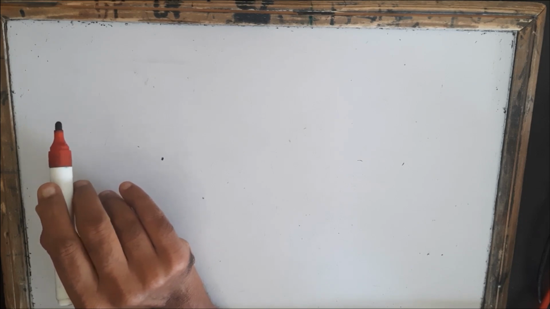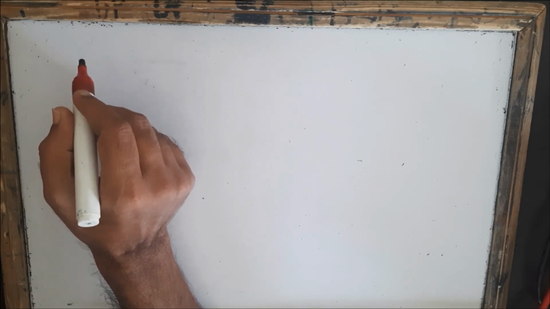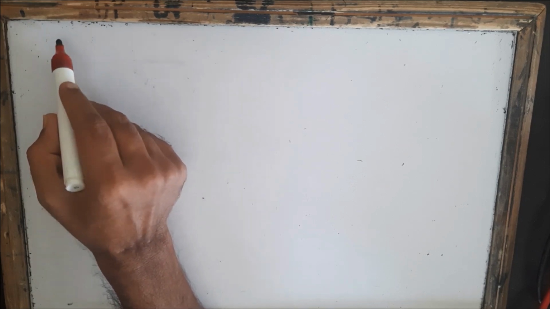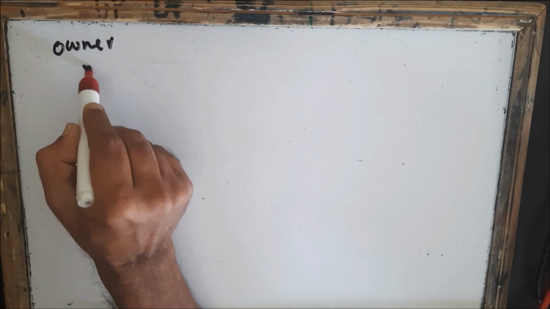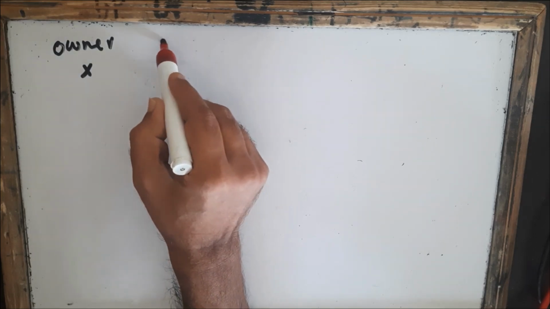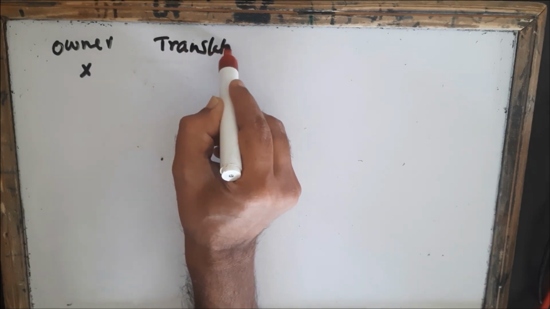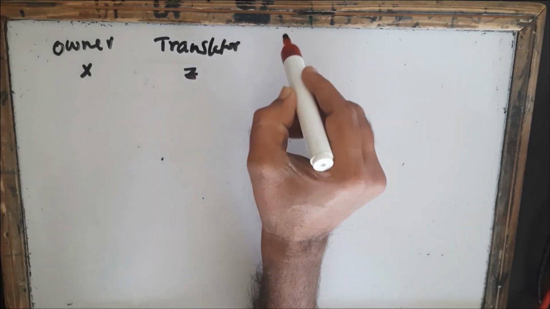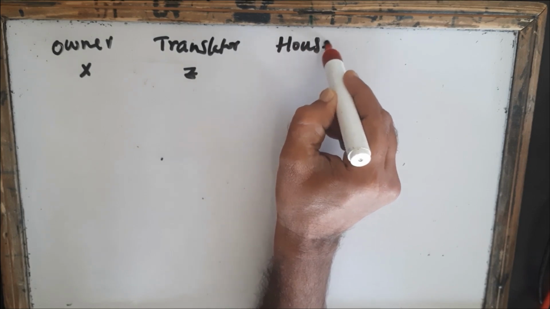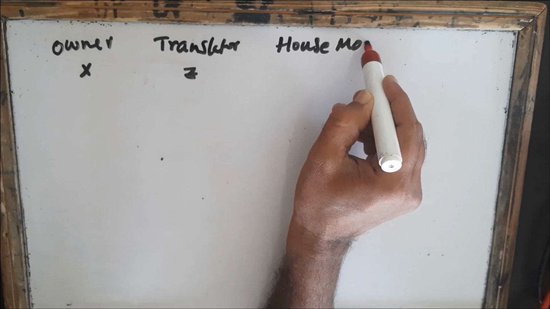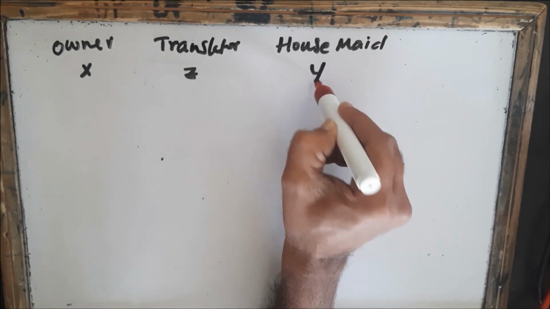So we go back to our original example where we have an owner X, translator Z and housemaid Y.